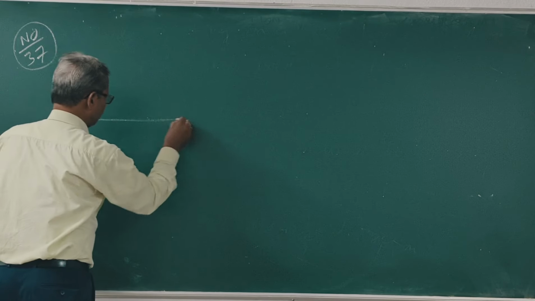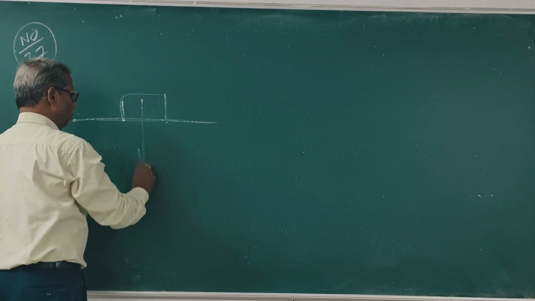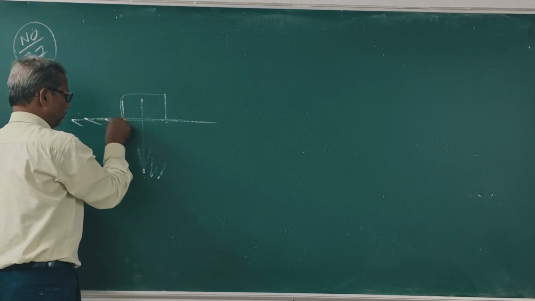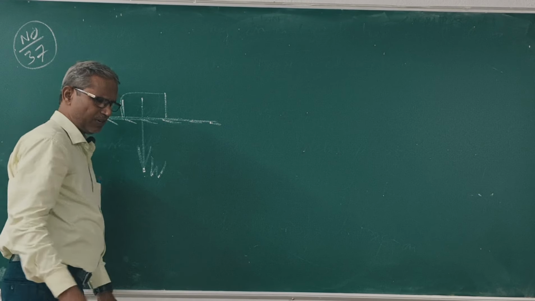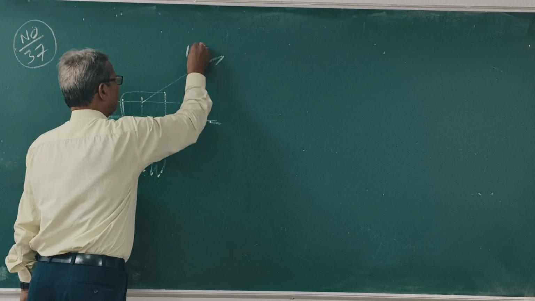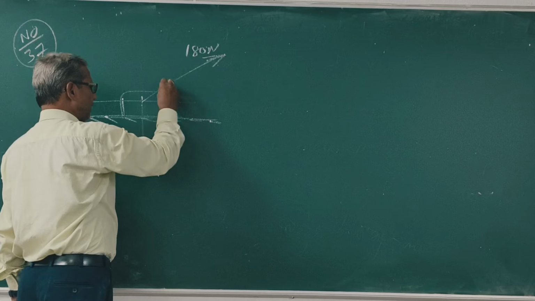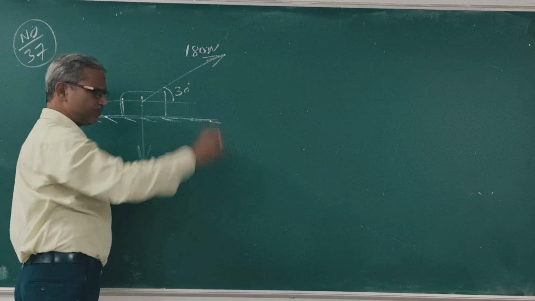Now, this is the question. This is the body, weight W, on a horizontal plane. This is the pull of 180 Newton, inclined at 30 degrees to the plane.